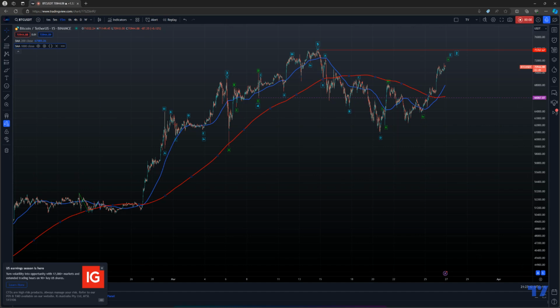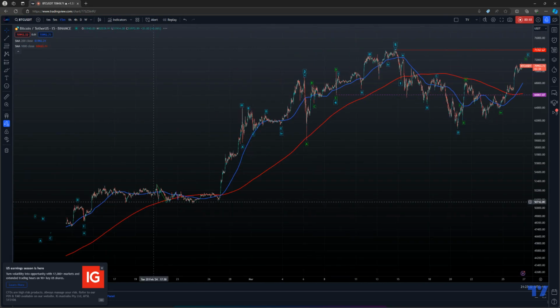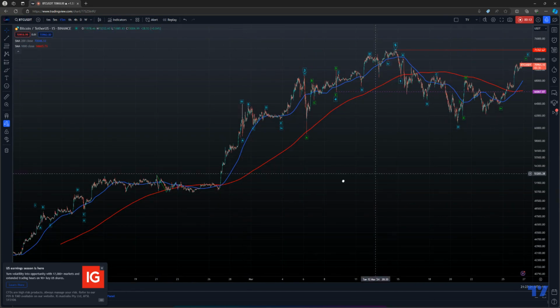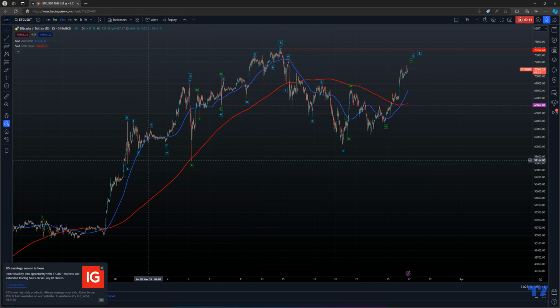All right, so we're looking at the Bitcoin chart, and this particular count still takes into consideration that the previous large move was a wave three, but it also takes into consideration that we may have seen wave four of wave five of wave three, and also wave five itself.